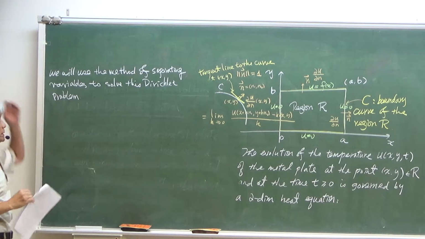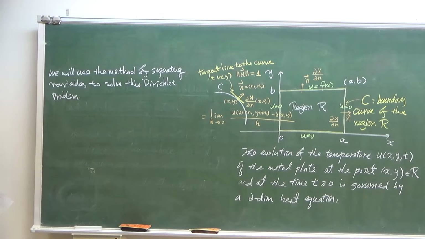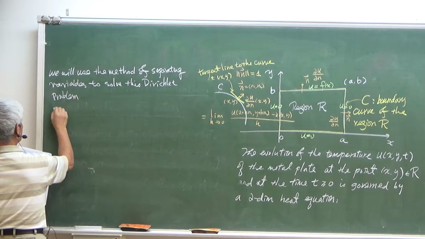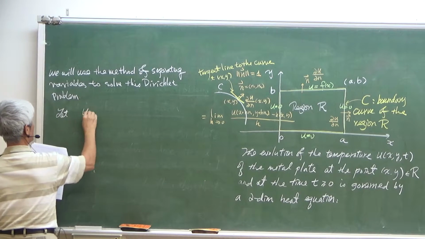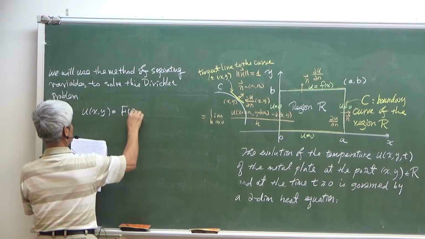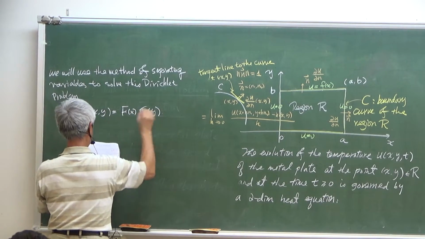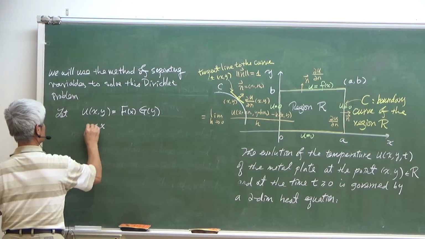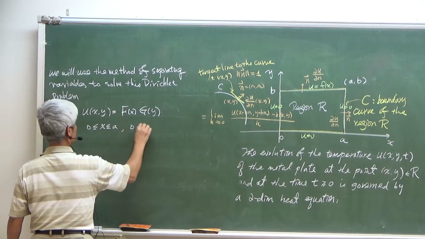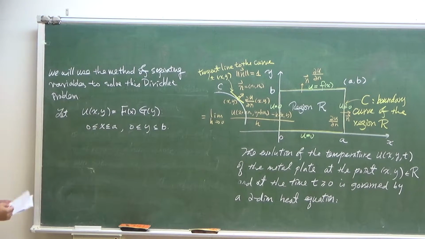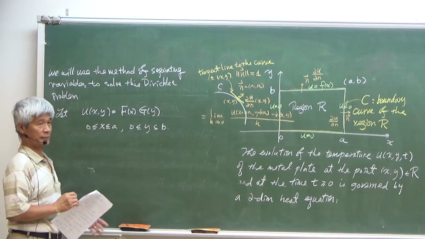All right, so we'll use the method of separating variables to solve this Dirichlet problem. Okay, so we'll let u(x,y) be equal to f(x) g(y). Okay, so first of all, we assume the solution is separable.